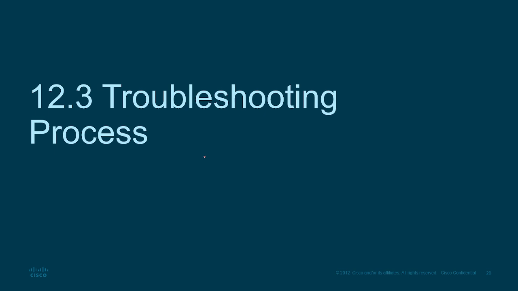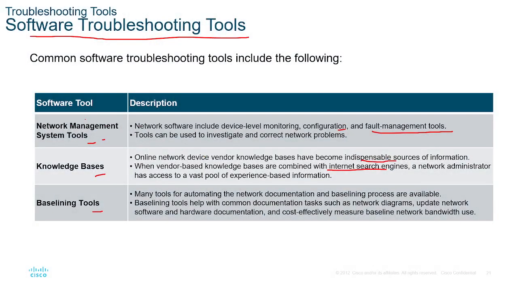Now 12.3, troubleshooting processes. Now we have software tools that we can use to troubleshoot the problems in our network. Network software includes device-level monitoring, configuration, and fault management tools, of course, in network management systems. These tools can be used to investigate and correct network problems.